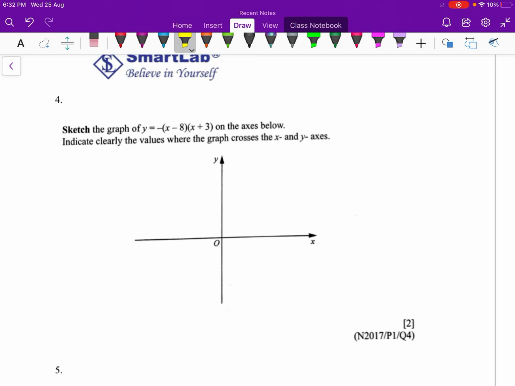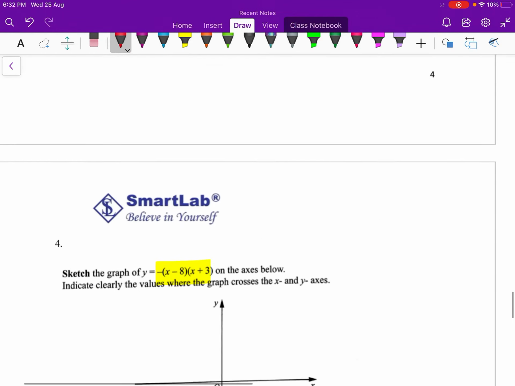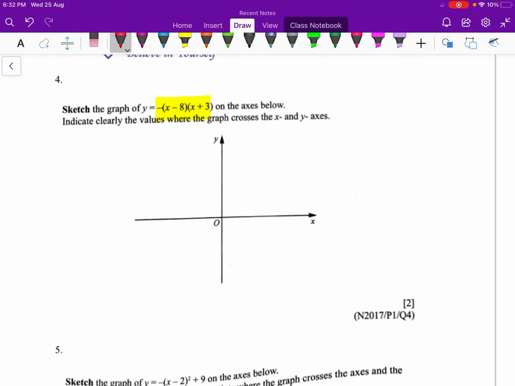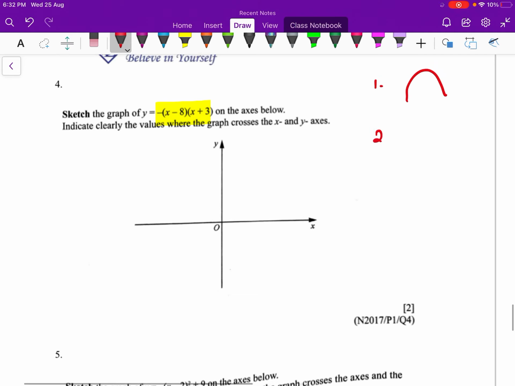Alright, so now I move on to another type 1 question, which is question 4. Question 4 also same thing, right? You note it's a 2017, a more recent question. So it's negative bracket x minus 8, x plus 3 bracket. I want to sketch the graph. So first thing, the shape is very important. If you expand it out, you will see that it's actually a negative, or a sad face. Second, let's find our y-intercept. You put your x equal to 0.